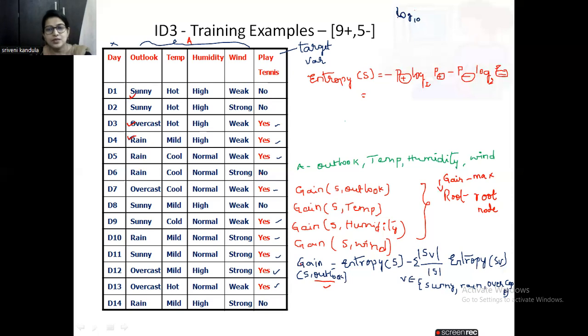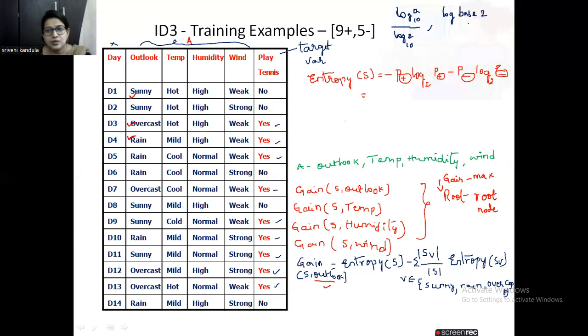So what you should do is get the value of log 2 and divide whatever value you have obtained by log 2, then that is the value of log base 2. Otherwise, you can just Google for a log base 2 calculator.